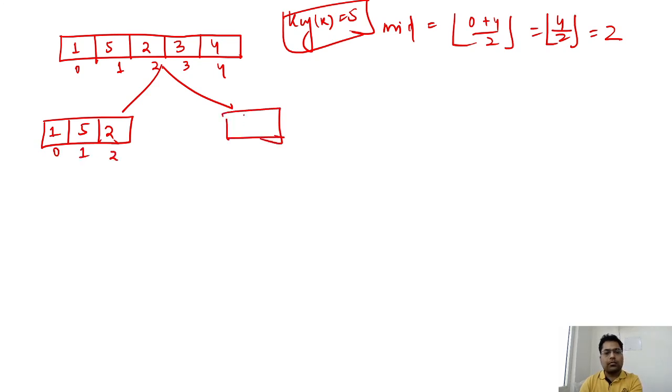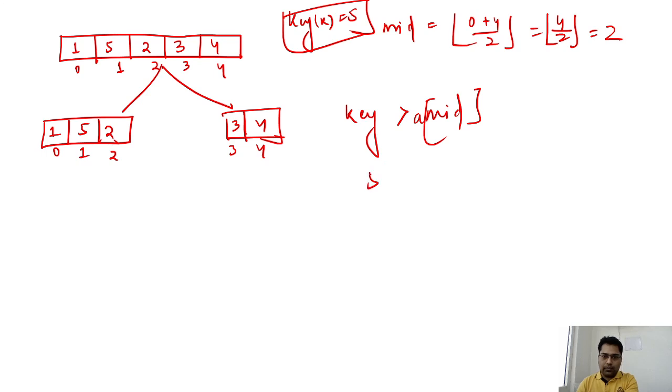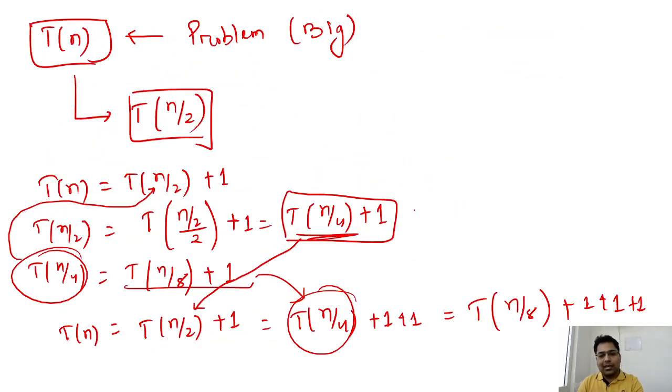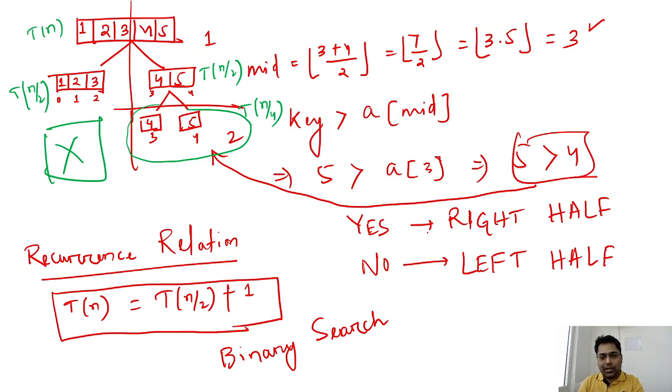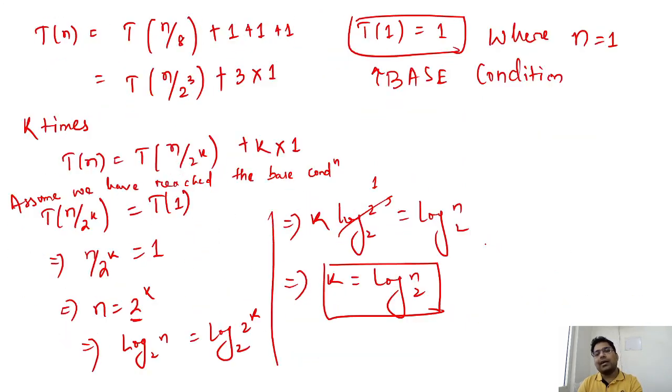Here 3 with the 4. Clear? Now we have to find whether the key is greater than mid or not. Mid is 2 now. 5 is greater than 2. Whether it is yes or no? Yes. If yes, then what we have to do? As per this one, if such a thing happens, we have to follow the right hand.